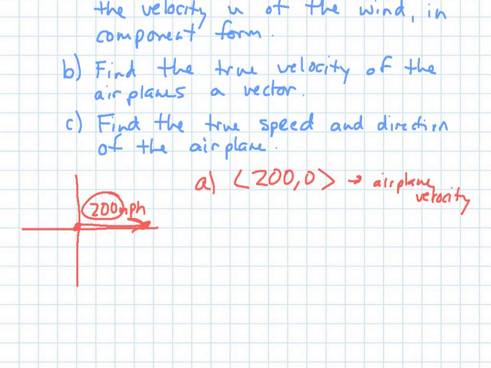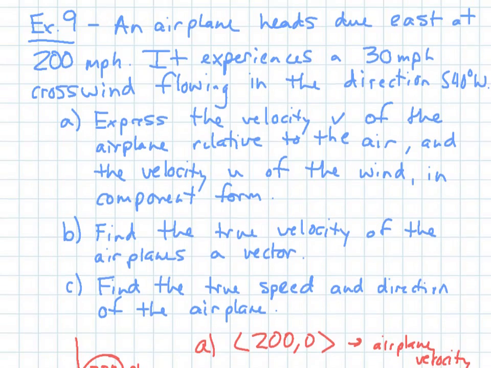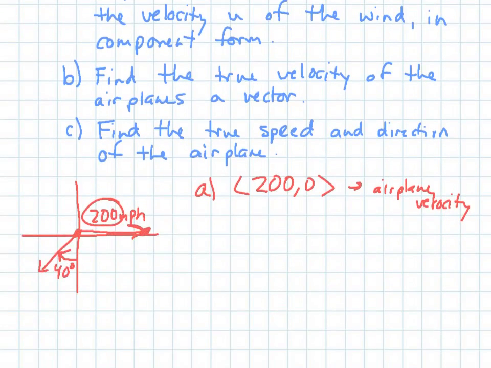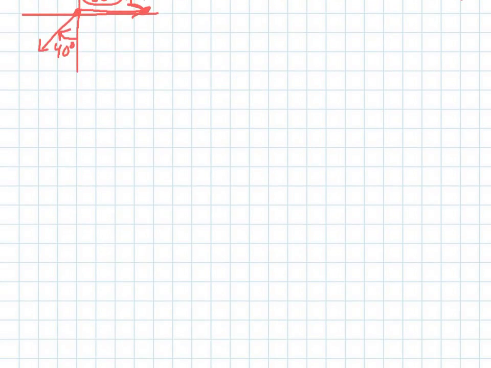And then for my wind, it says it's moving south 40 degrees west at 30 miles per hour. So it gives you an angle measurement and the length of the value. Let's look at that picture by itself. If I make a triangle, it's going to be in the third quadrant.